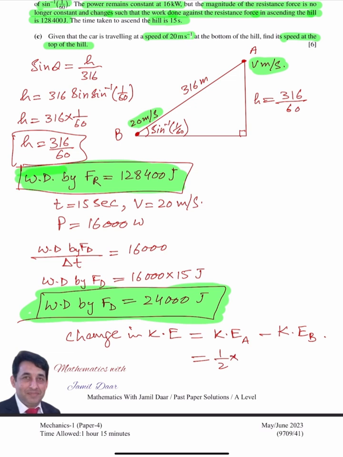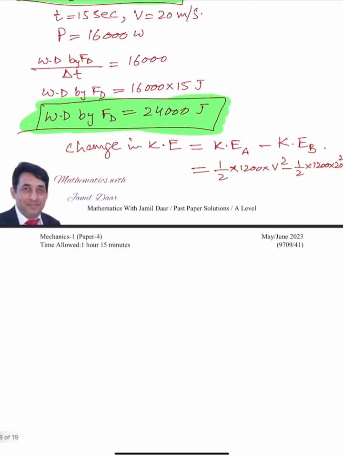Mass is 1200 kg, and v square, minus half m 1200, and at the bottom the speed is 20. So change in kinetic energy will be equal to 600 v square minus 600 into 400, which will become 240,000.